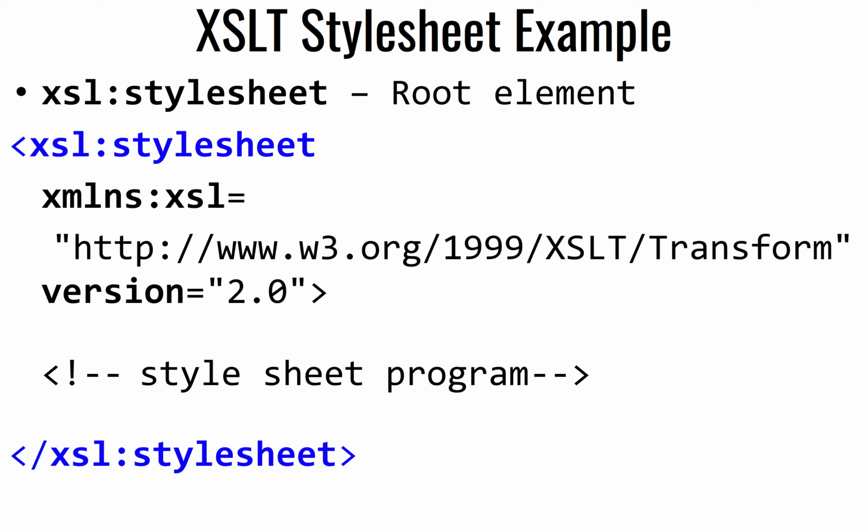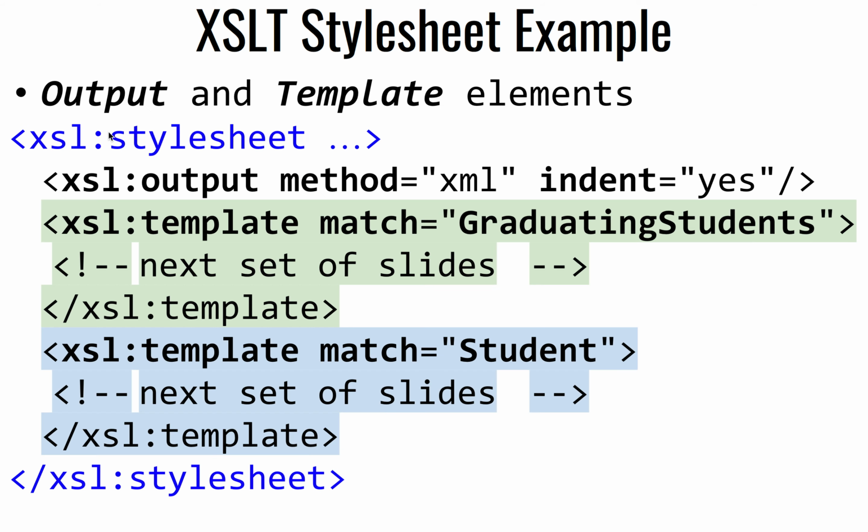To distinguish between the two, they use what are called namespaces. So this xsl colon is used for naming, saying that this element called stylesheet is in the namespace xsl, to be able to distinguish the two.